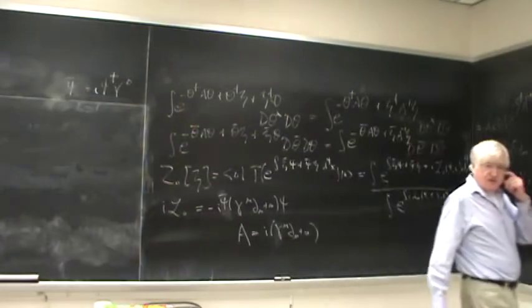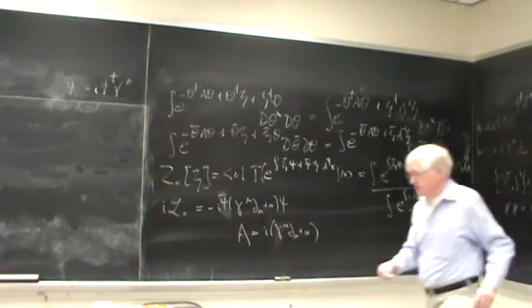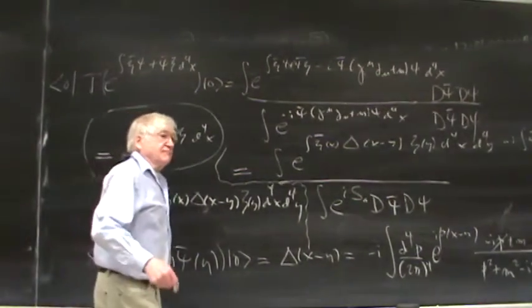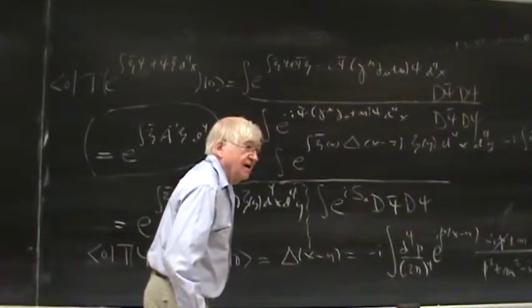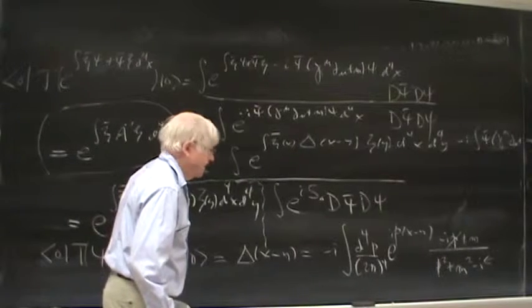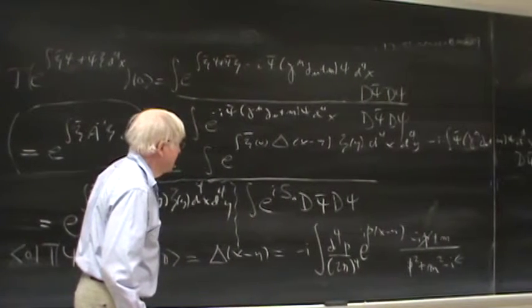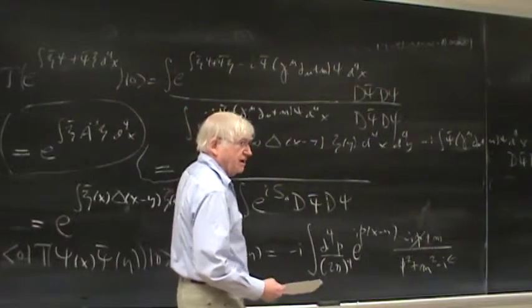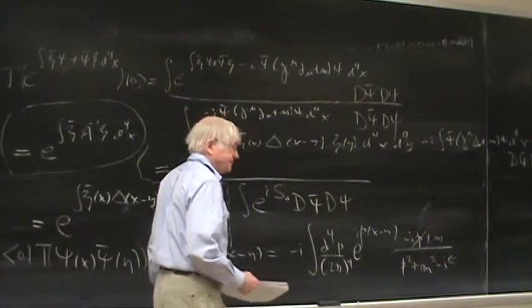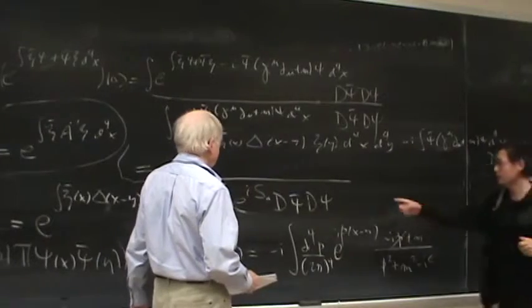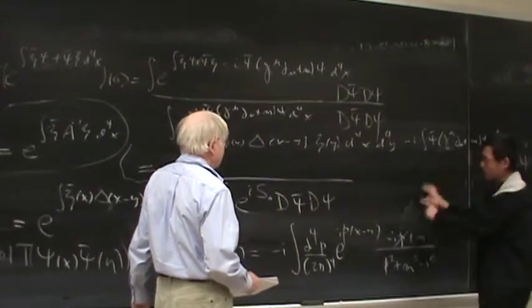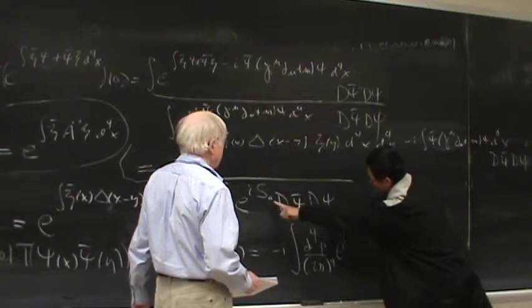Okay, so any questions? Yeah. The second line, second equation there, there is some integral of exponential a minus b, and this is integral e to the b.